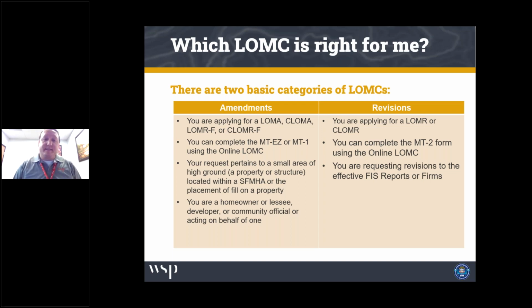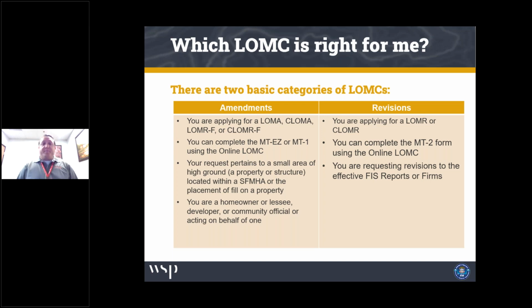Whether that's natural ground or brought-in fill, either way, you're going through the amendment process there. You're not going to change the maps. The maps stay the same, but that specific parcel or property gets removed from the floodplain based on a letter that you receive that the LOMA or LOMARF was granted.